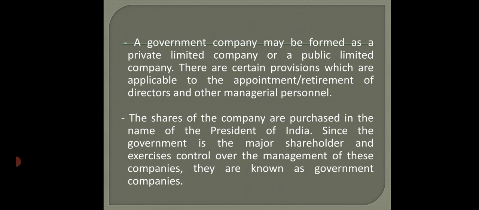So a government company can be a public company or private company, but certain provisions need to be followed by the government when forming a government company in case of appointment or retirement of directors and other managerial personnel. If they are going to appoint or retire them, they have to follow certain provisions.